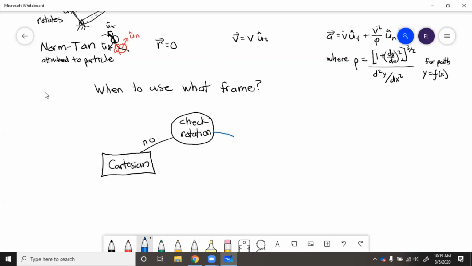Then if there is, we have to check if the path is known. So if R is not known, use polar.